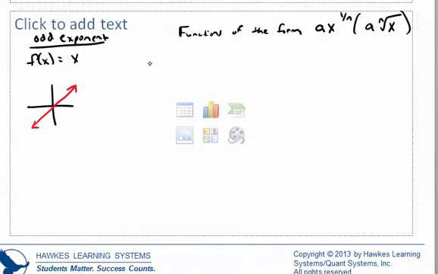If we increase that exponent and make it a 3, so it would become x to the 1/3, then our graph starts to take on kind of that S curve, but it's a little bit different shape. It looks more like this.